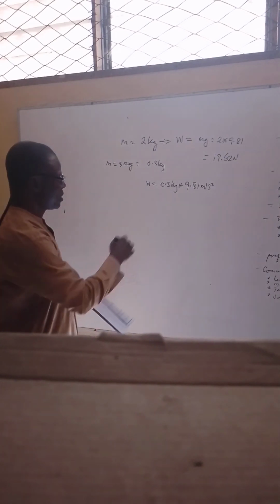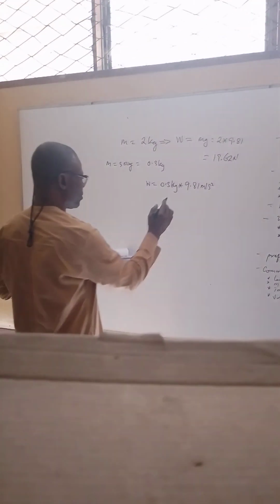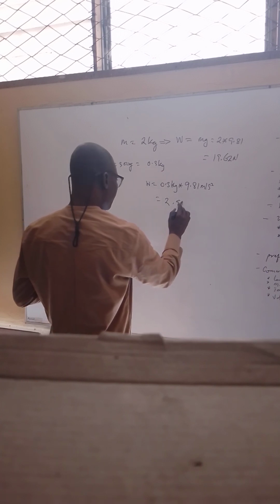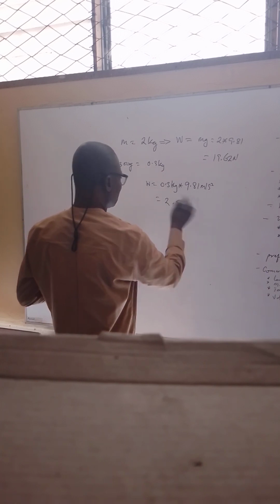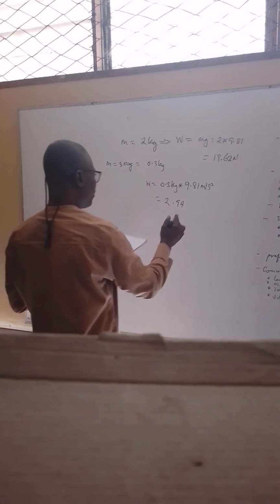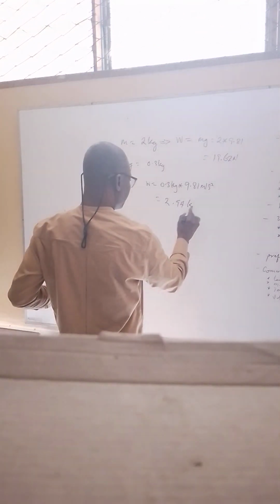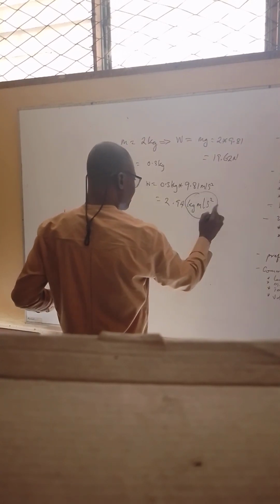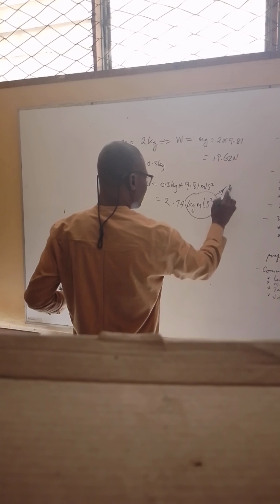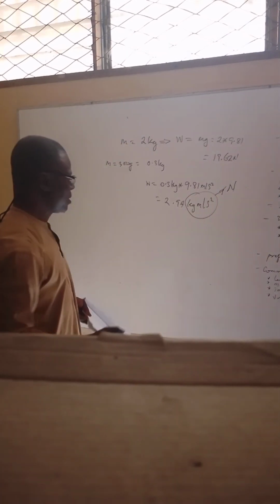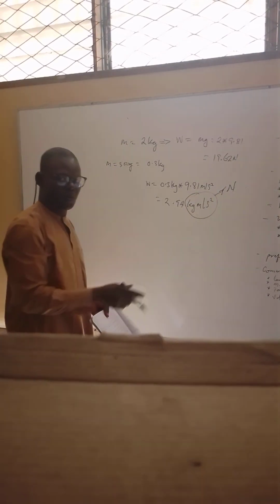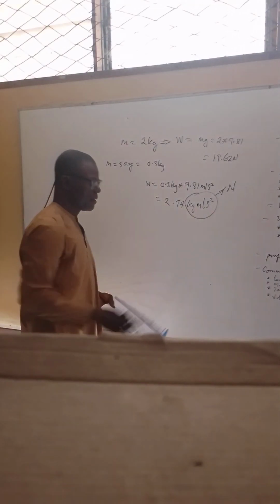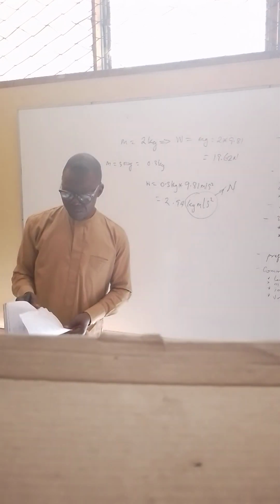Now, if we multiply this out, we are going to have 2.94 kilogram meter per second square, which is the Newton. This stands for the Newton, just like here. So the kilogram meter per second square is another unit of the Newton, the force. So we have this as a good example.